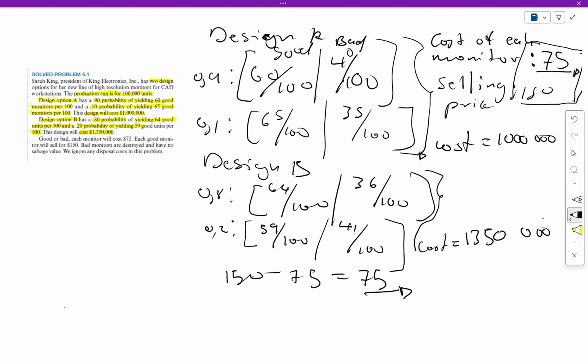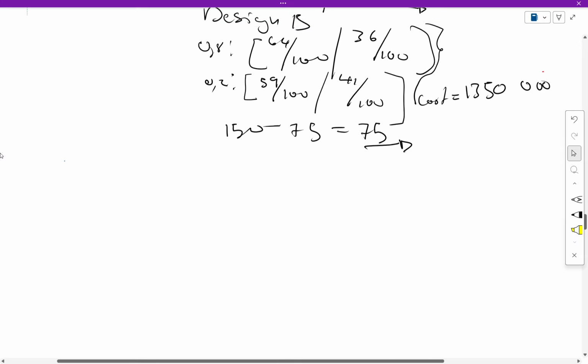That's what you're going to earn on good products. Also this one, 75, is supposed to be taken care of because you've spent 75 on the bad material.